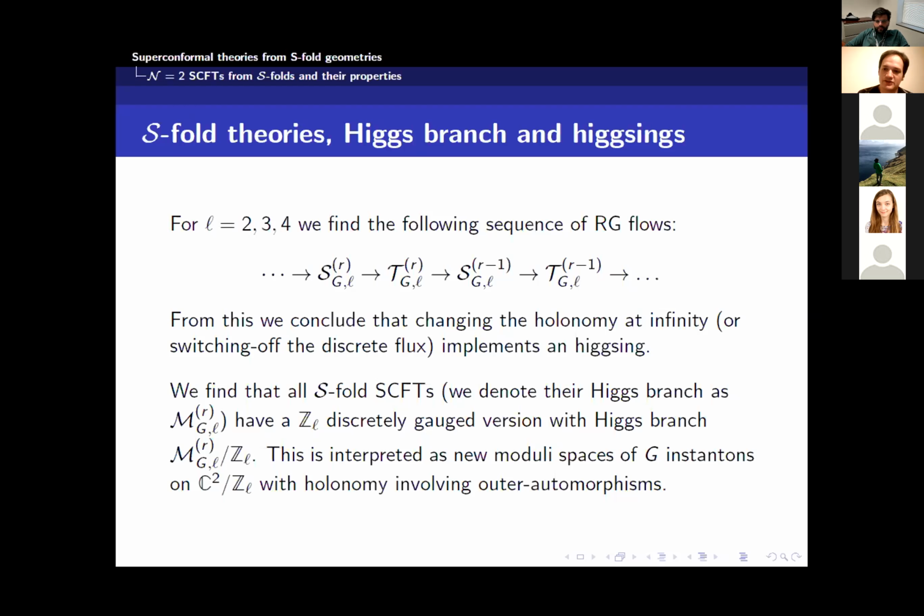However, if I just consider the construction by Kronheimer and Nakajima, the holonomy for the gauge field at infinity in the standard construction only involves gauge transformations or inner automorphisms. In particular, the gauge group can be broken by the holonomy, but at least the Cartan subgroup is always preserved. In particular, the rank of G does not change.